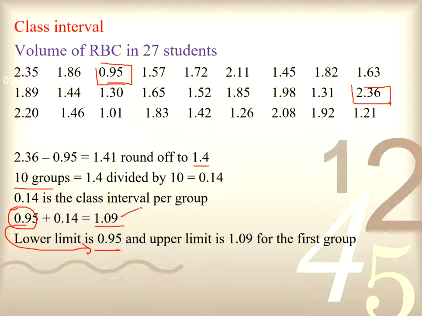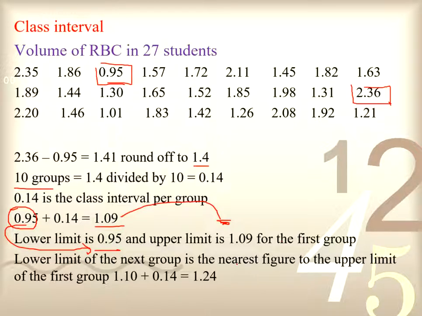Then, yung sagot, yun yung ating upper limit for the first group. So on and so forth. Lower limit of the next group is the nearest figure to the upper limit of the first group. So, kasunod nun, dadagdagan lang natin na isa. So, 1.10 yung ating kasunod. Plus, 0.14. Okay, so ituloy nyo at ang magiging sagot nyo dapat ay kagaya nito.